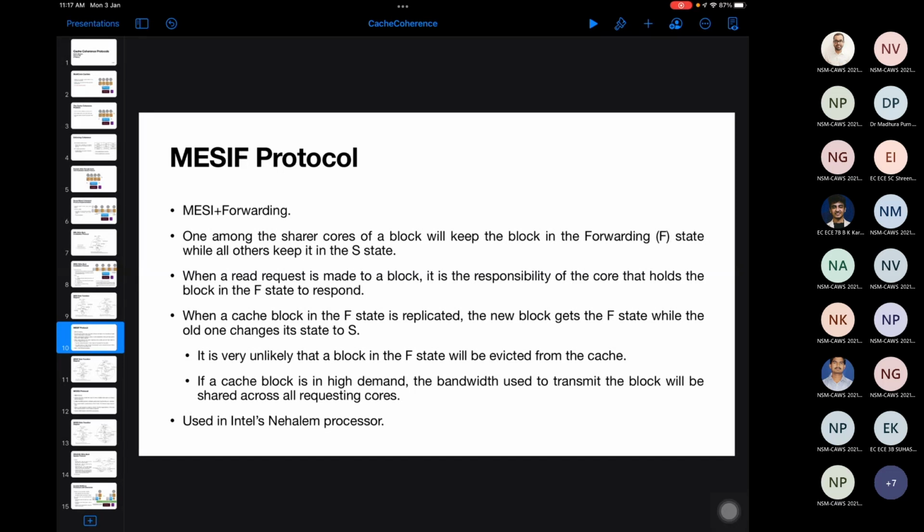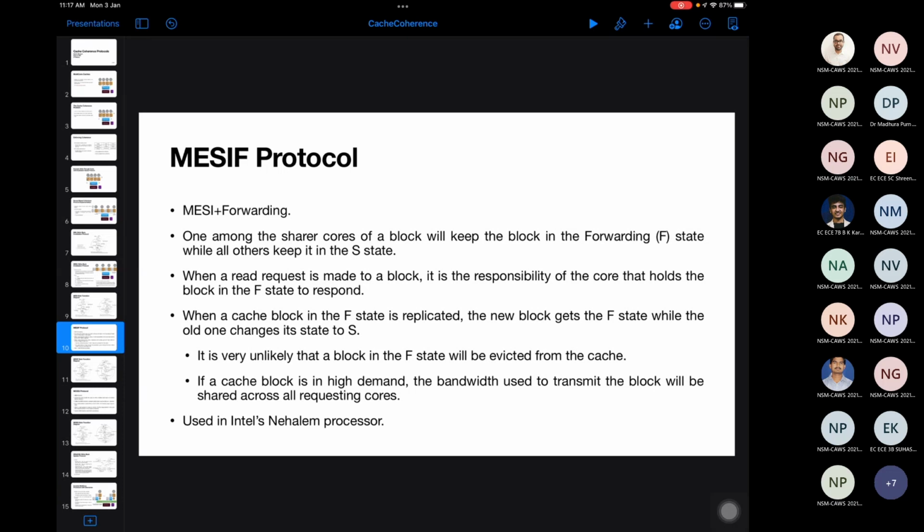For example, initially none of the cores have the data. Now core 1 requests the data, so core 1 is going to get the data from the LLC and place it in F state. After some time, core 2 wants the same data. It places a transaction, and core 1 supplies the data to core 2.